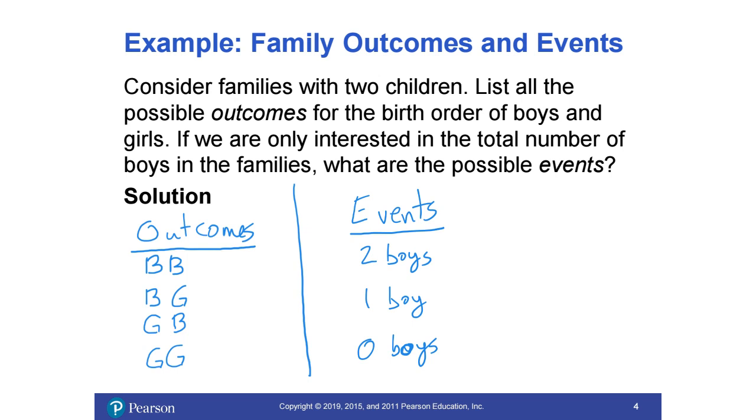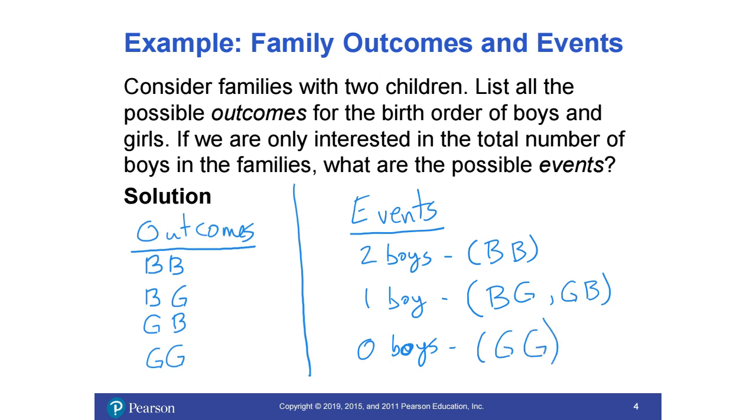So think about how many ways this can happen. The event of having 2 boys can only happen one way. That can only happen if the family is boy-boy. But the possibility of having one boy can happen 2 different ways. If they have a boy first and a girl second, or a girl first and a boy second. The event of having 0 boys can only happen one way, and that is the event of having 2 girls.